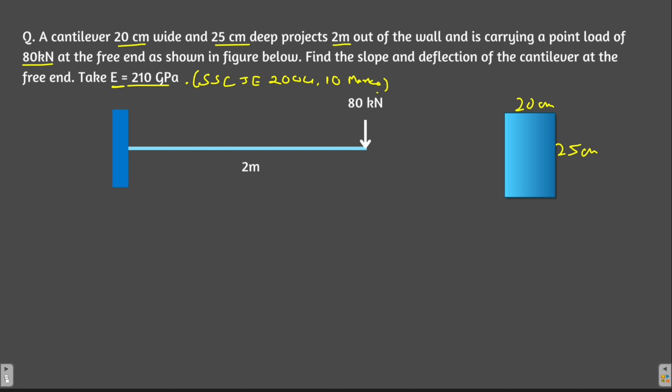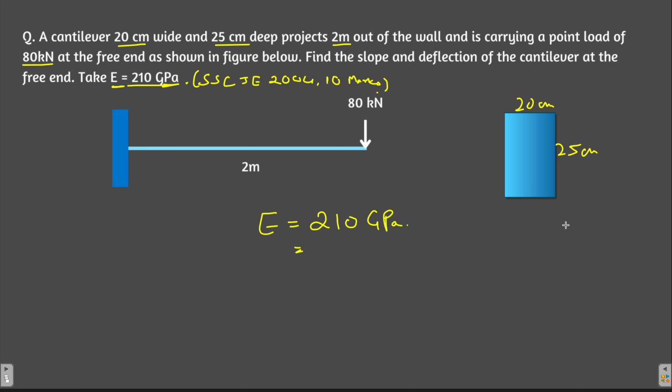So first of all, I'm going to teach you about the unit conversions. Those who already know about this can skip to the next part of the video in the time lapse. Let's learn what is gigapascal. E is given to you in gigapascal, 210 gigapascal. Gigapascal means it is 210 into 10 to the power 9 pascals.